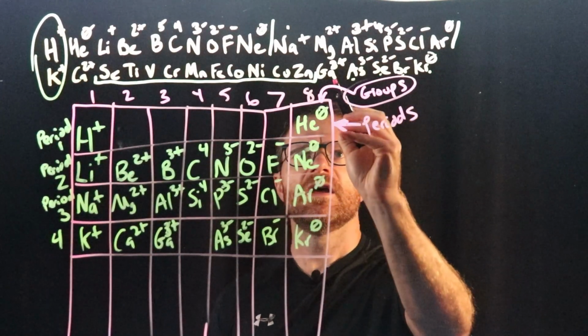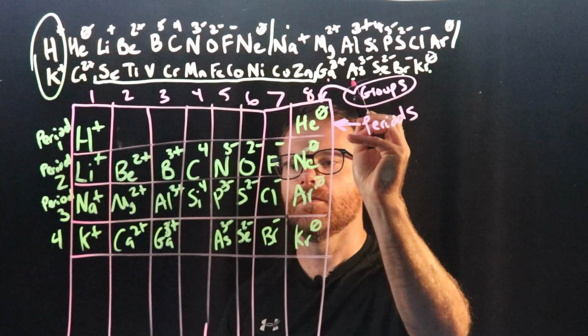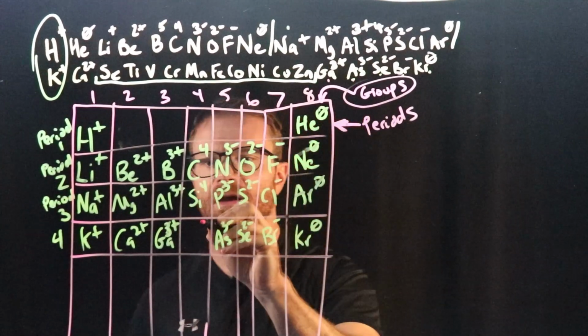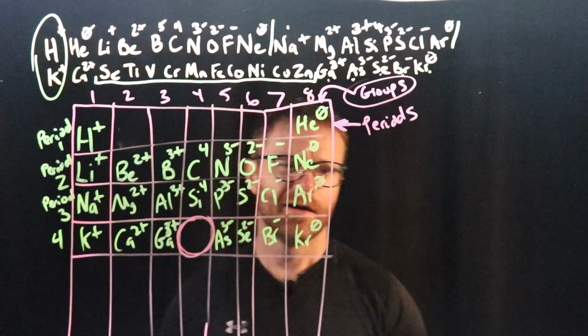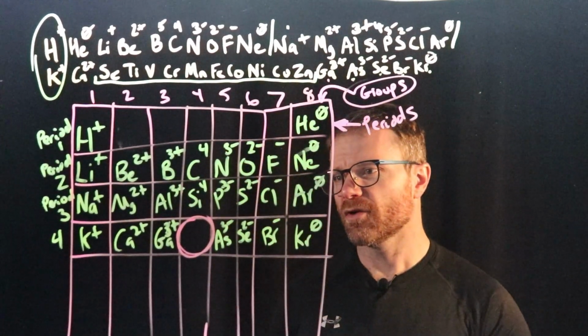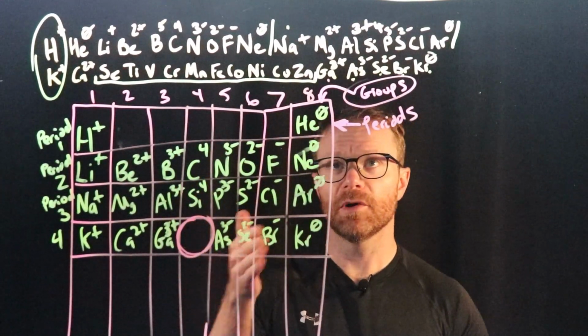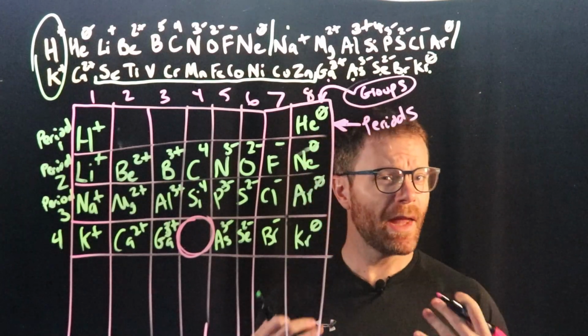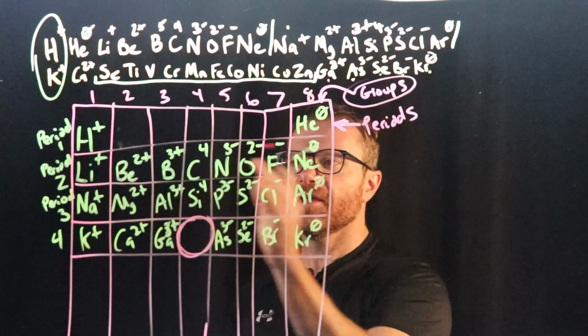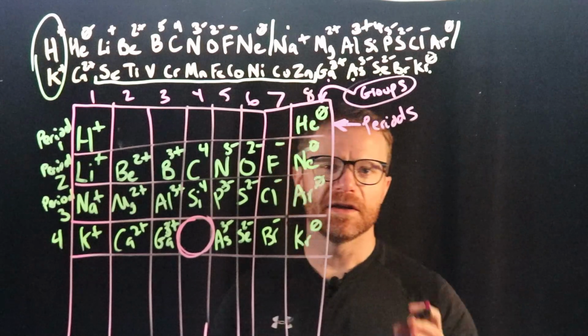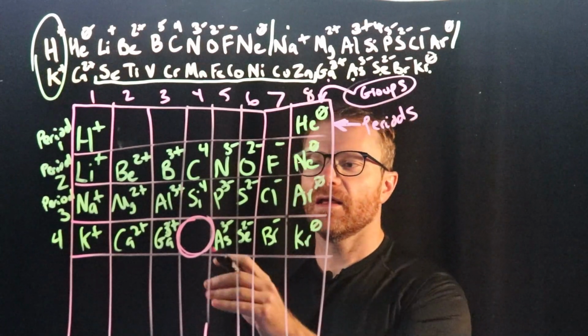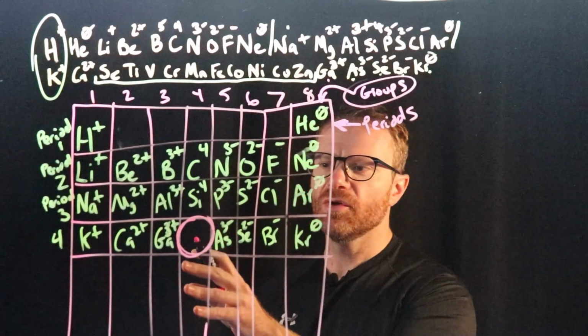So between gallium and arsenic, it looks like there's a missing element. There should be something there that forms 4 bonds. And Mendeleev thought that everything aligned so perfectly in his table that surely there should be something here.